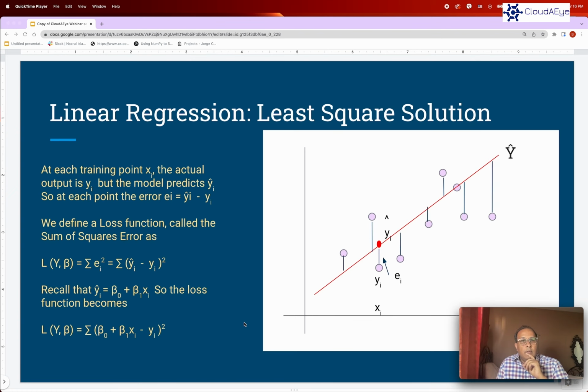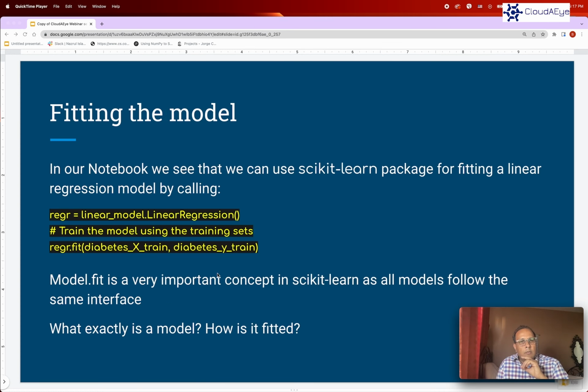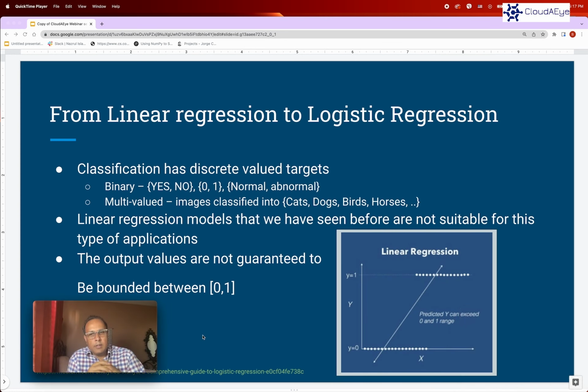So this is what we have looked into previously, and then we have also seen how a linear regression model is fit. We have discussed before that classification models are very different in the sense that their output variable is not continuous. So what we have done in linear regression is not actually suitable for classification type of things. Why? Because classification output is discrete values.